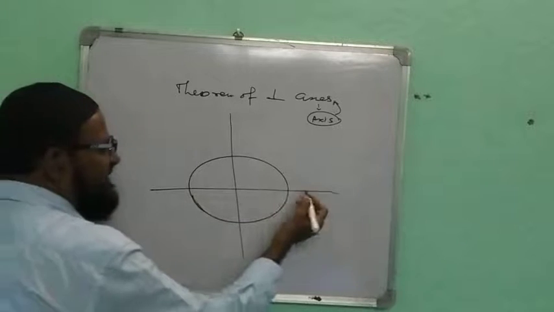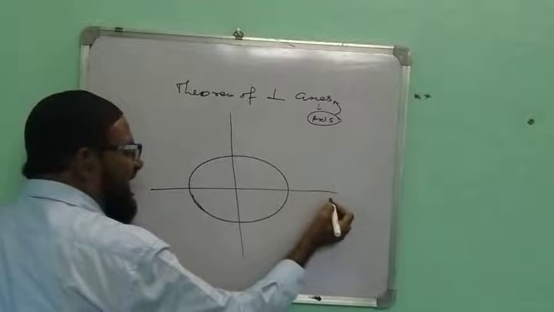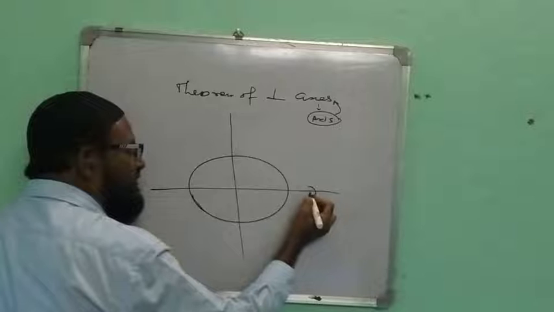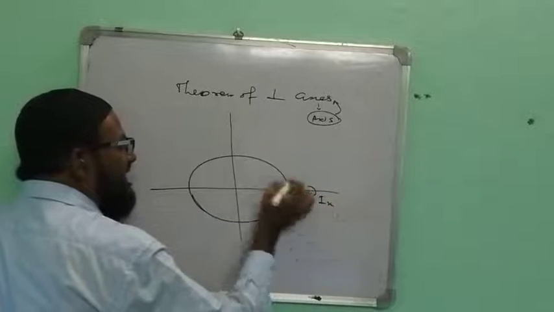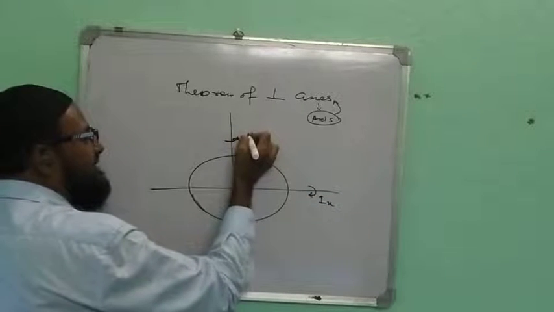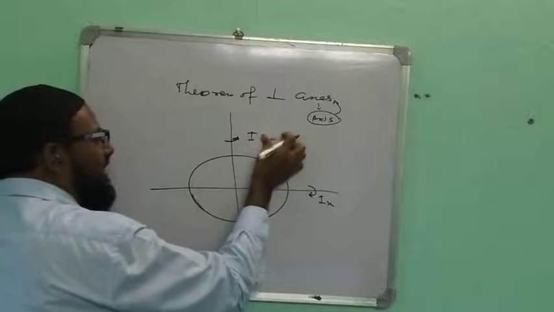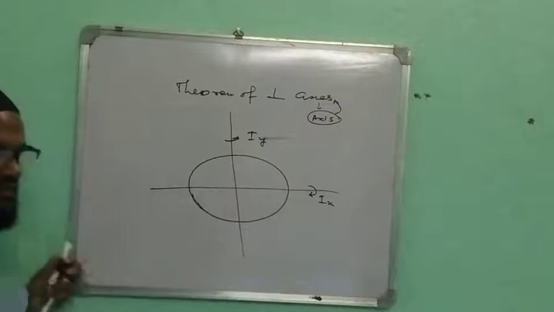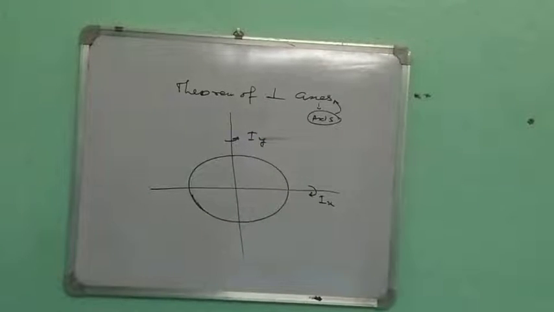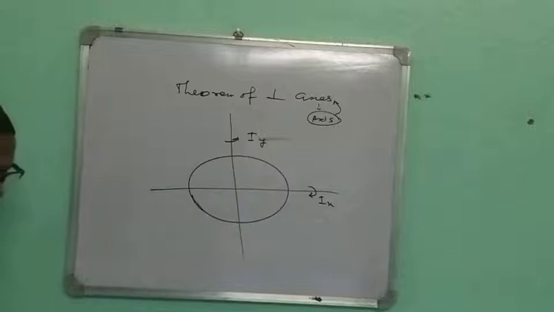In that case, sir, this is the x-axis. With respect to this axis, this is Ix. This is the y-axis, with respect to this Iy. Clear? These two are in the horizontal plane. This is not in the vertical plane.